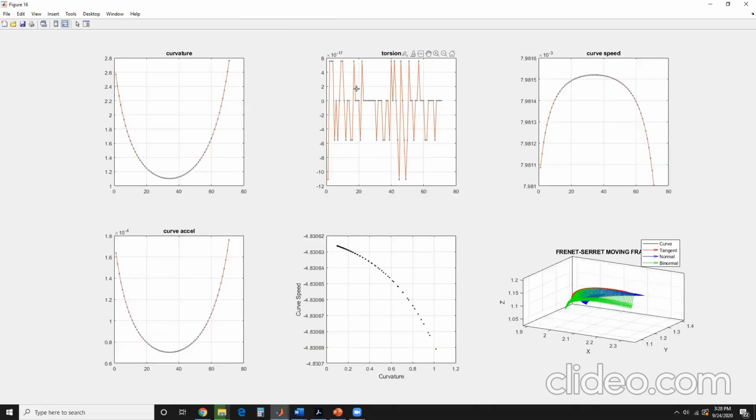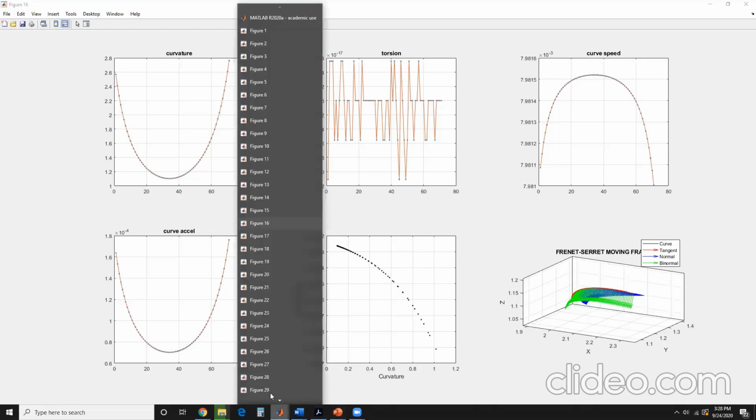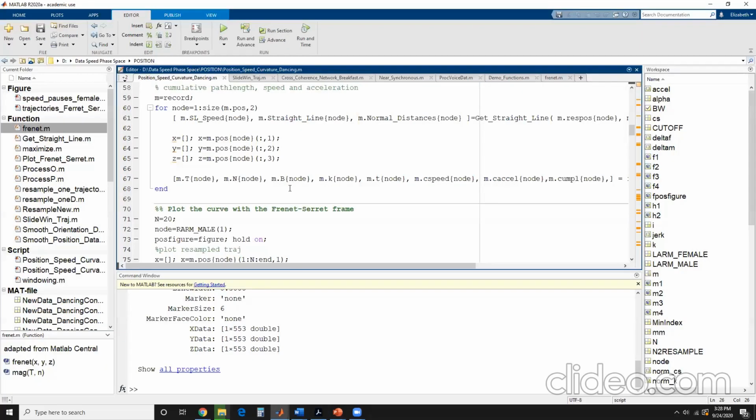So the torsion, the amount of curvature, and the relationship of the curvature and the speed in this case. There are very cool relationships between curvature and speed in motor control that follow certain law-like relationships.